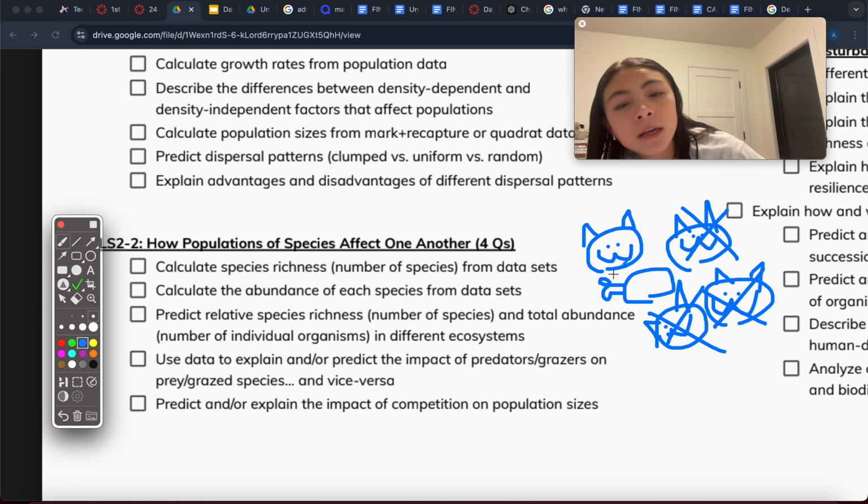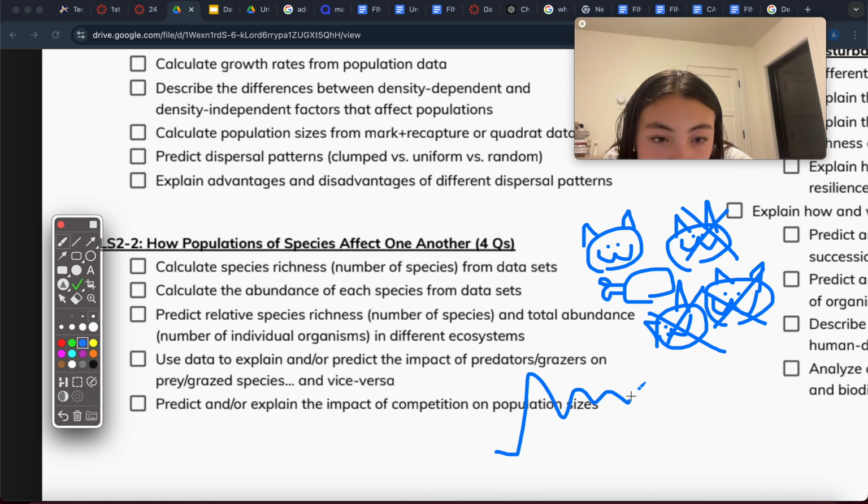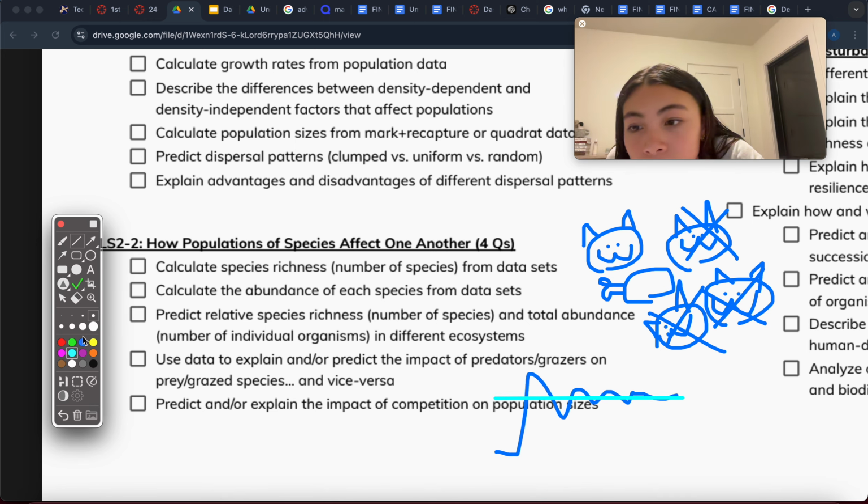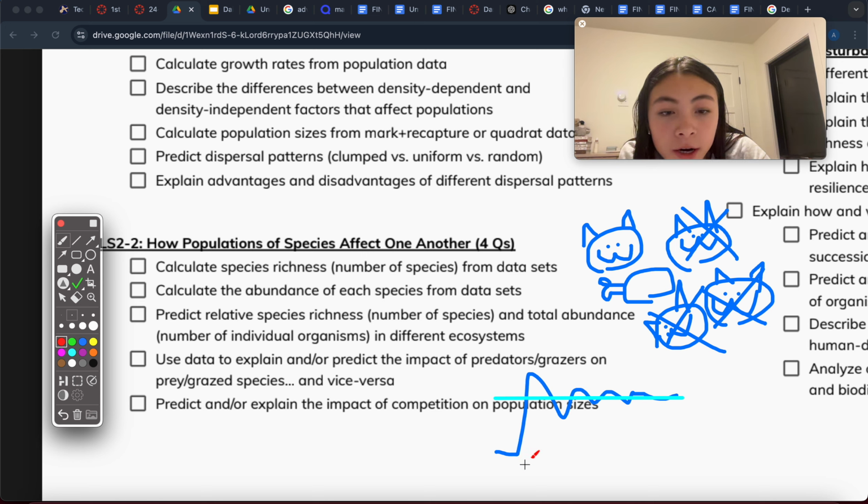And that's sort of this thing, carrying capacity, right here. When there's plenty of resources to support the population, as you can see here, then it'll exponentially rise. But as soon as they go over the amount of resources that can support that population, they'll start to crash a little bit.